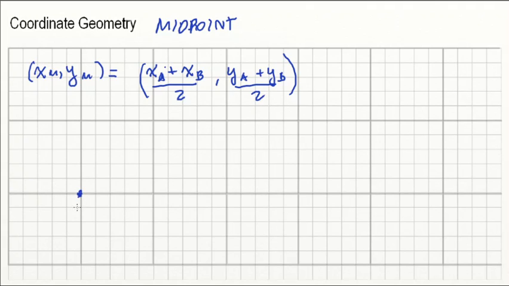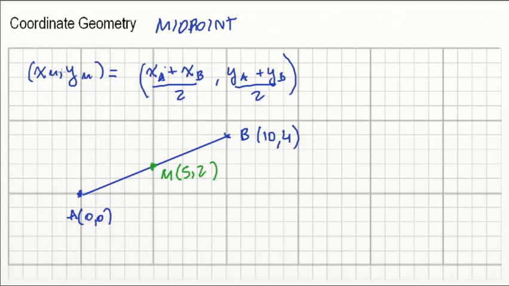So if this is point A, and this is point B, let's say that point A is simply 0, 0, and point B here would be 5, 10, and 4. What would be the midpoint? In this case, it's fairly simple, because A is 0, so it's just the average of B's values. So it would simply be 5 and 2. So 5 and 2, that's the midpoint.